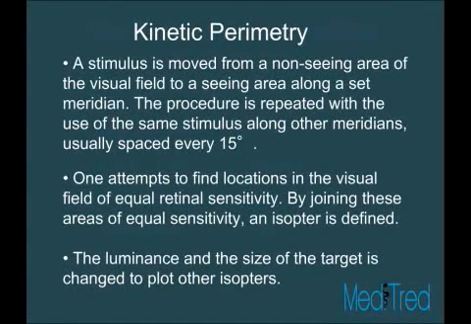There are different types of perimetry available. Kinetic perimetry, as the name implies, involves a moving stimulus, where a stimulus is moved from a non-seen area of the visual field into a seen area. The procedure is repeated with use of stimuli along other meridians, often spaced about every 15 degrees. One attempts to find locations in the visual field of equal retinal sensitivity to define the visual field.